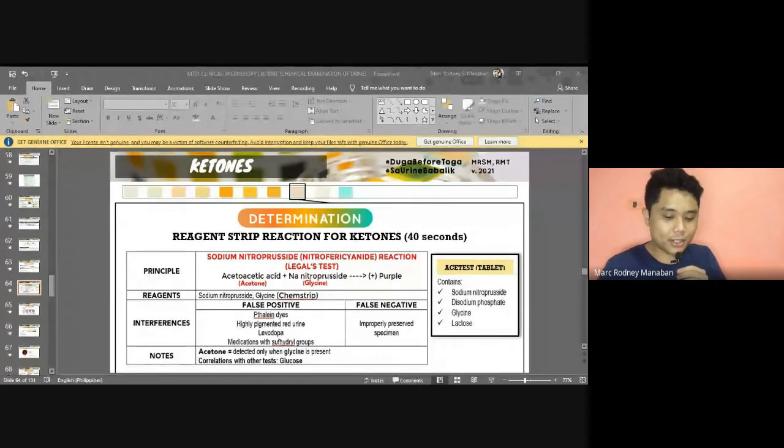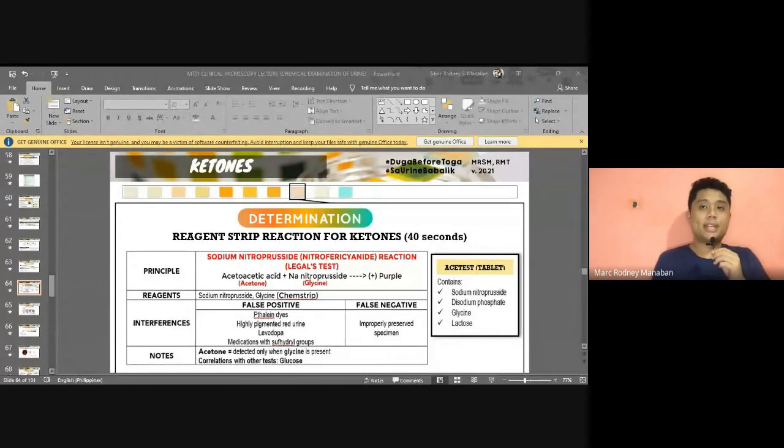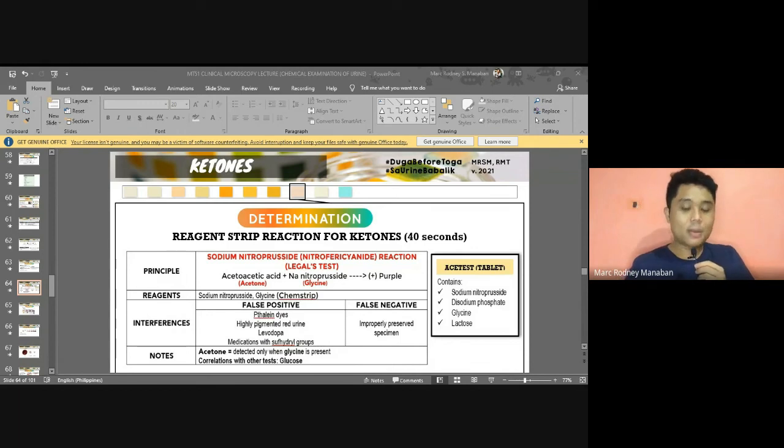Your ketone bodies, dears, are of course normally produced and present in the blood, no? In cases where we lack food intake or we have no carbohydrate source for glucose. But the normal level in blood is about 2 to 4 mg per dL. Take note of that. 2 to 4 mg per dL is the normal level of ketones in your blood.